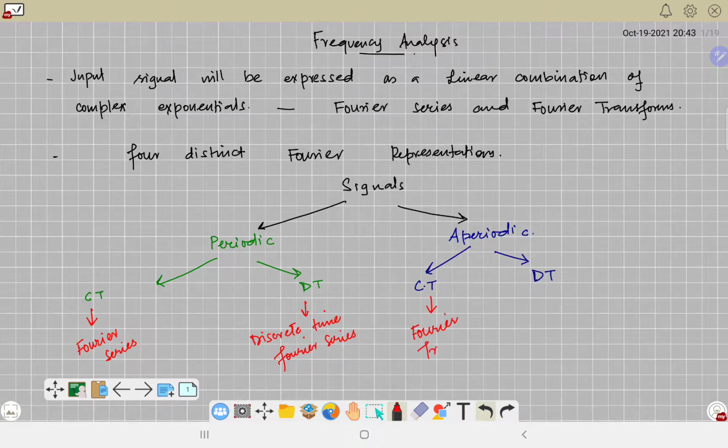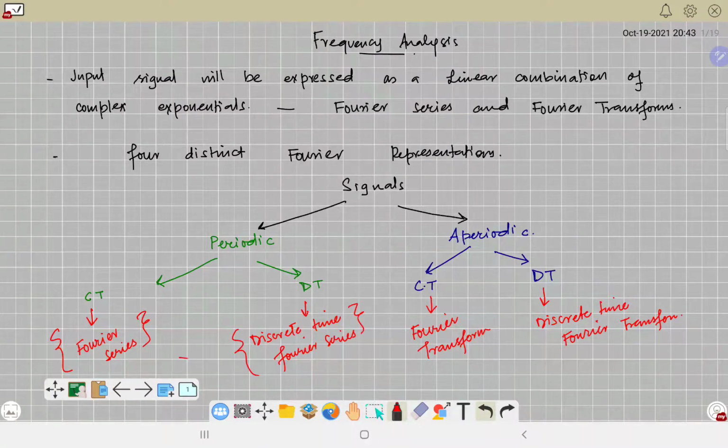Again, you might have done it in your mathematical courses. In case it is a discrete time aperiodic signal, we will have the discrete time version of the Fourier transform, known as the discrete time Fourier transform. Again, you will see a lot of symmetry between these two.